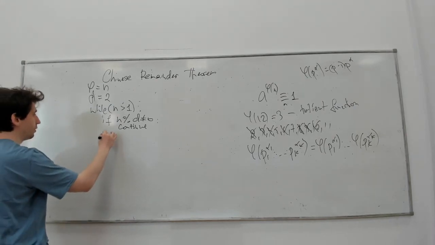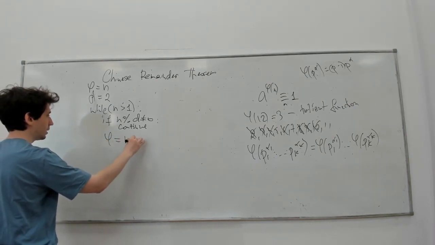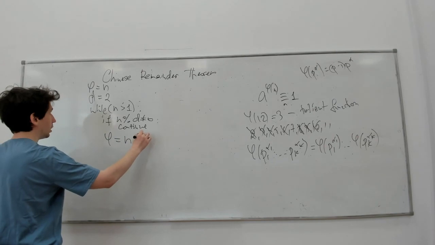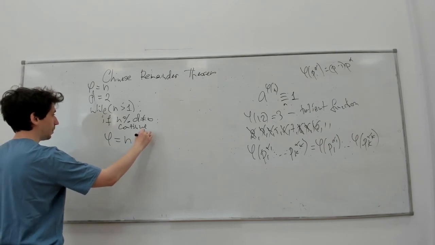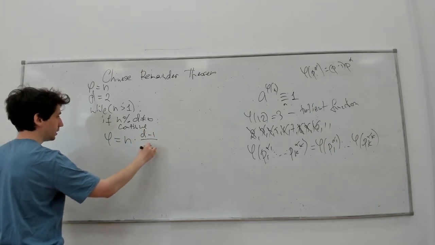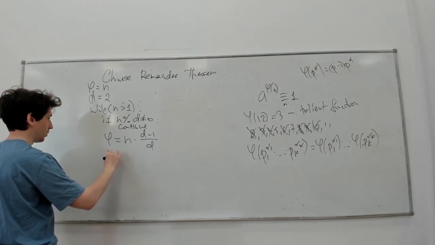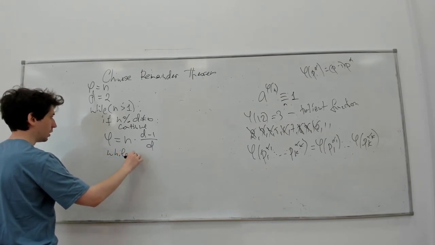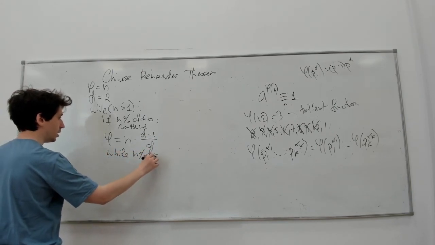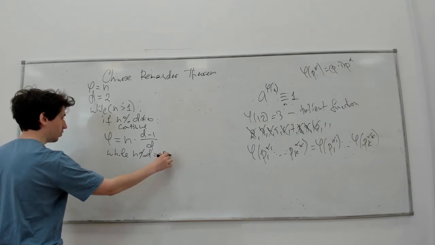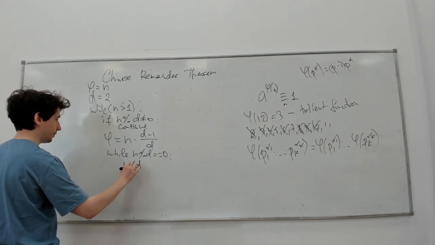And we just say phi equals phi times d minus 1 divided by d. And then while n mod d equals 0, we divide n by d.